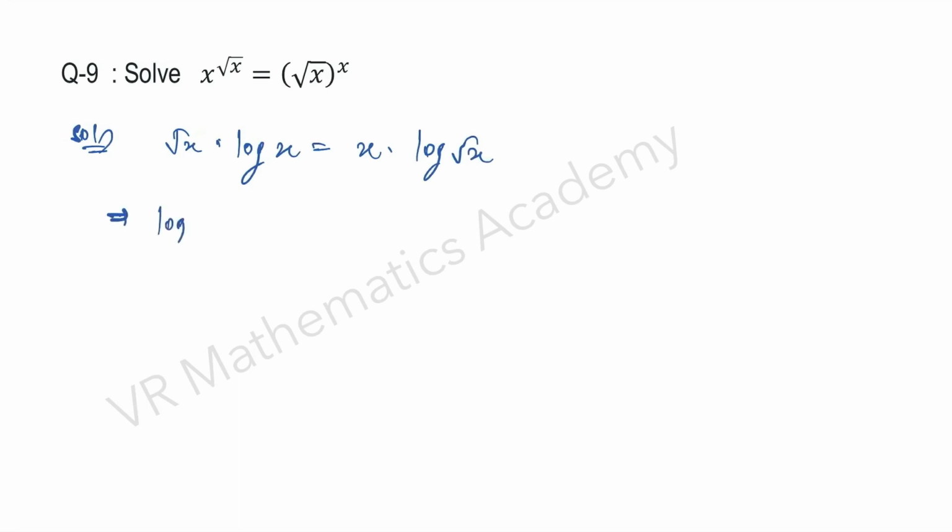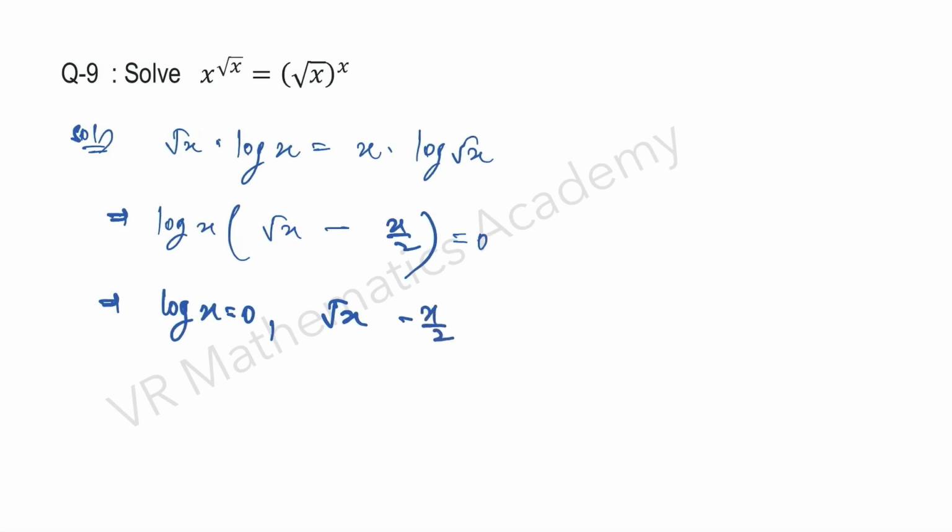Implies that log x we will take common and it will be (root x minus x by 2) will be equal to 0. Now we know that either log x is equal to 0 or root x minus x by 2 will be equal to 0.